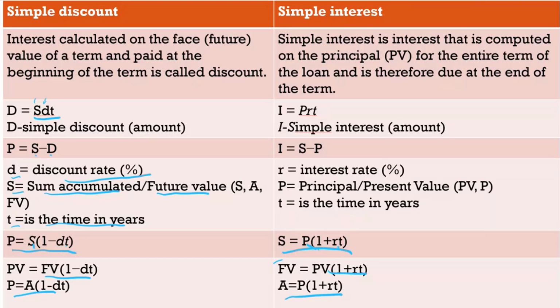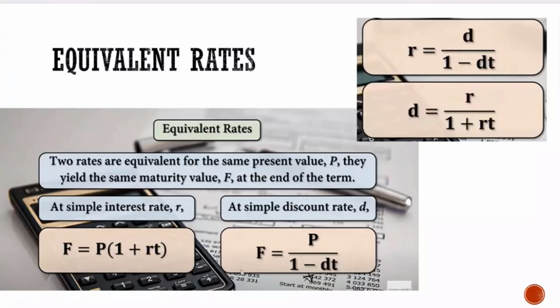Okay, so what we are going to be doing here is looking at the calculations for the simple discount. Another thing to keep in mind is that sometimes you can be asked to calculate a simple interest against a simple discount.